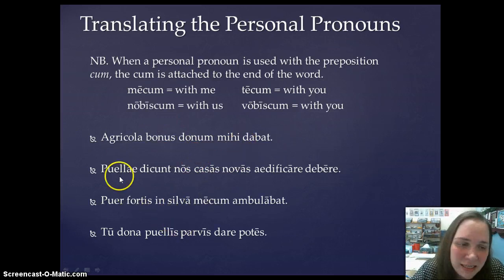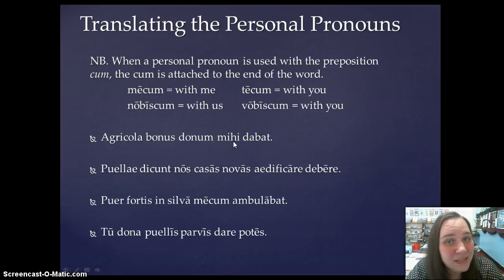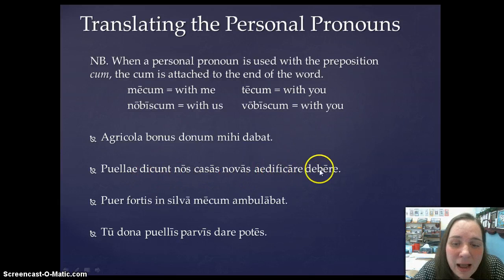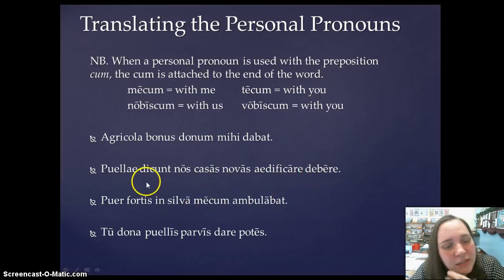So our first sentence, agricola bonus dona mihi dabat. The good farmer was giving a gift, mihi, dative singular, to me, okay, indirect object. The second sentence, puellae dicunt nos casas novas aedificare debere, okay?